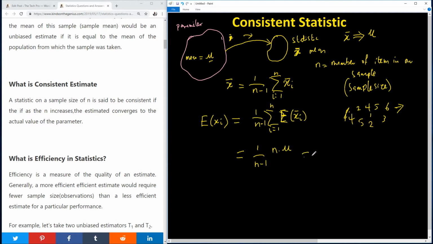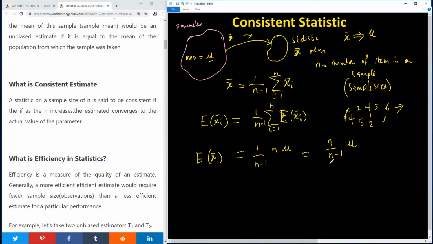Now we can write this as n over n minus 1 times mu. So this is the expected value of our sample mean.